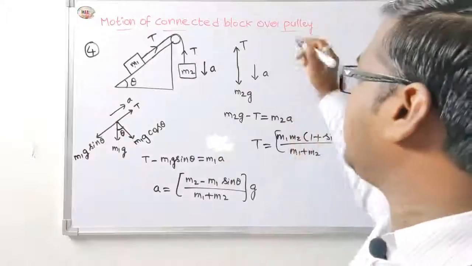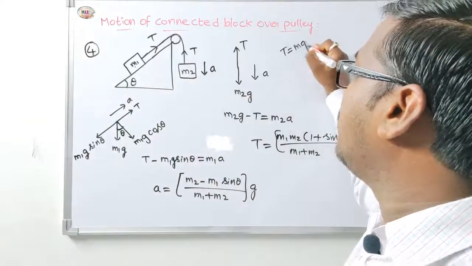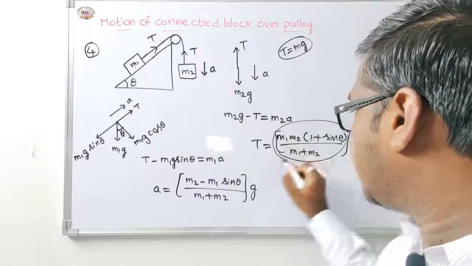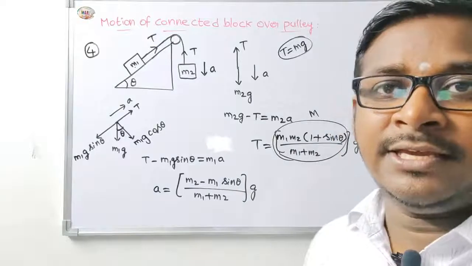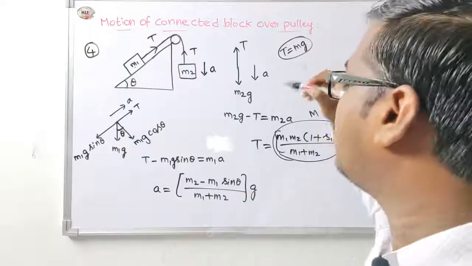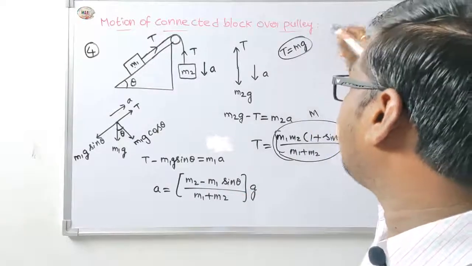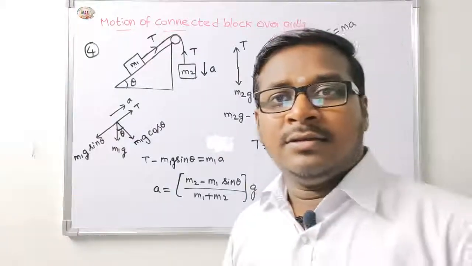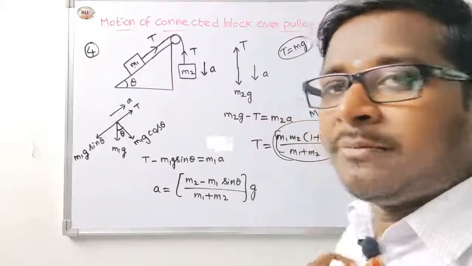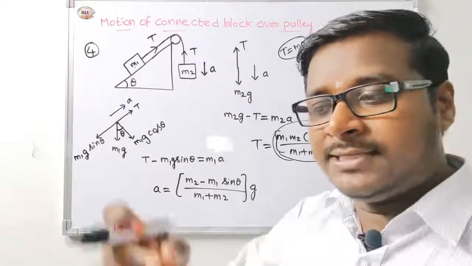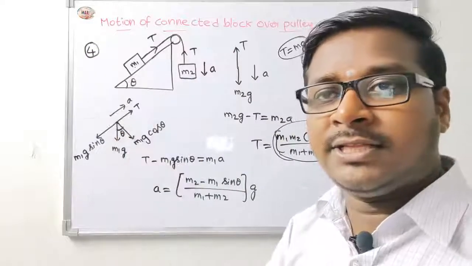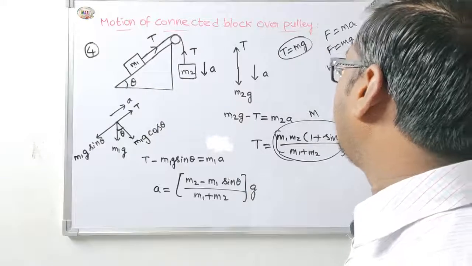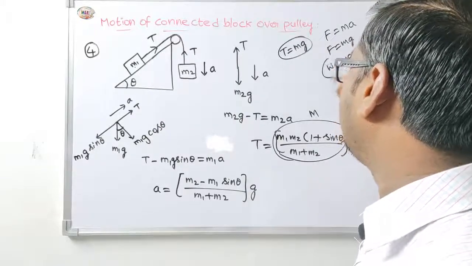The formula for force is mass into acceleration. In the freely falling condition, the body is falling downward, then A is equal to g, then F is equal to mg, and the weight is equal to mg.